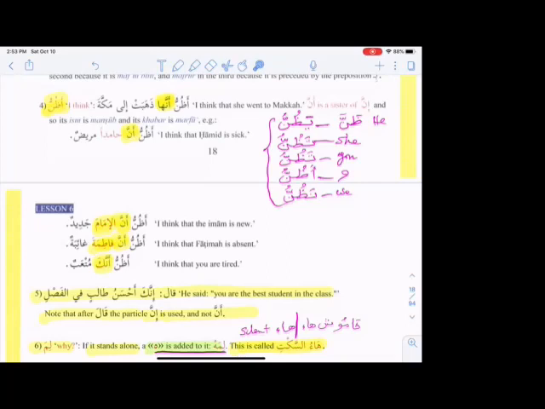Now we come to another lesson, another point. Point number 5. Qala, he said, innaka ahsanu talibin fil fasli. This is also from the main lesson.